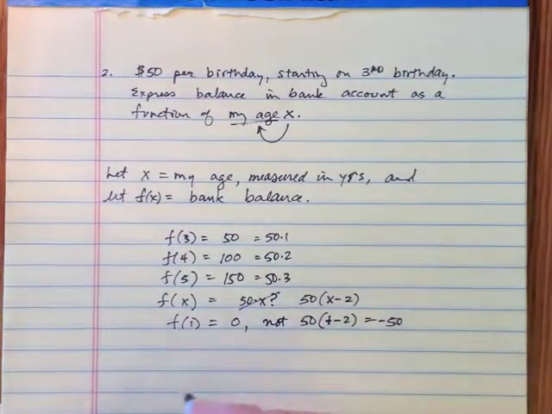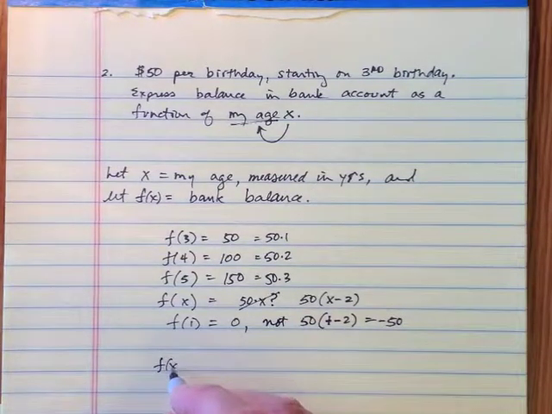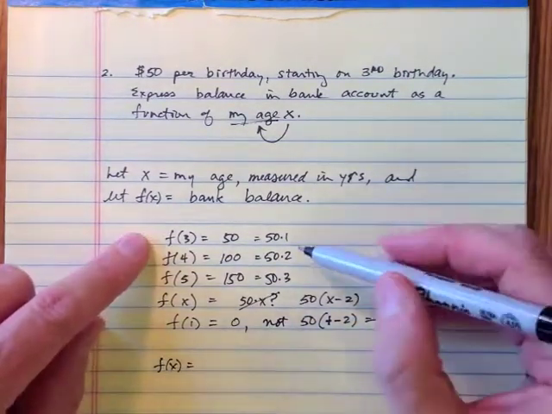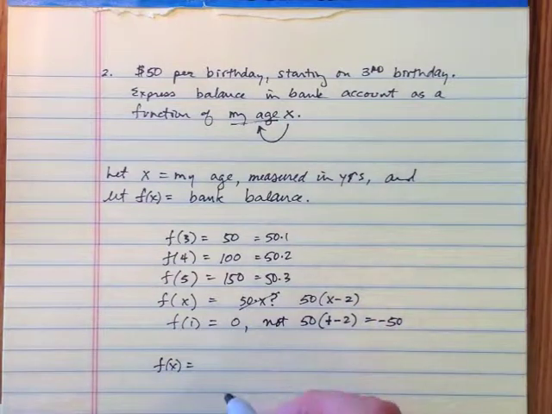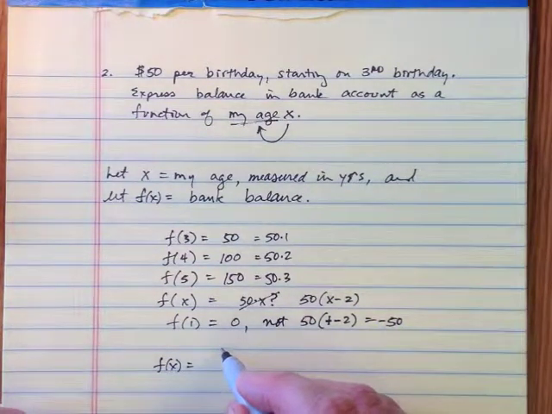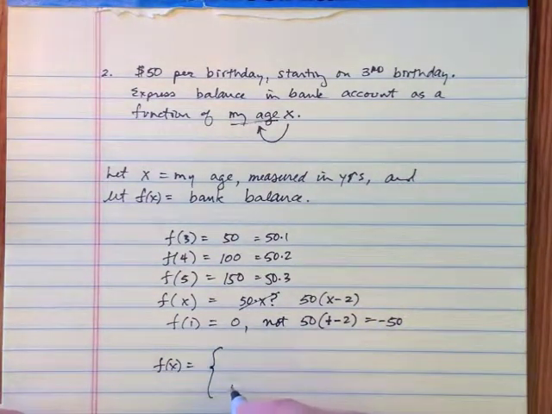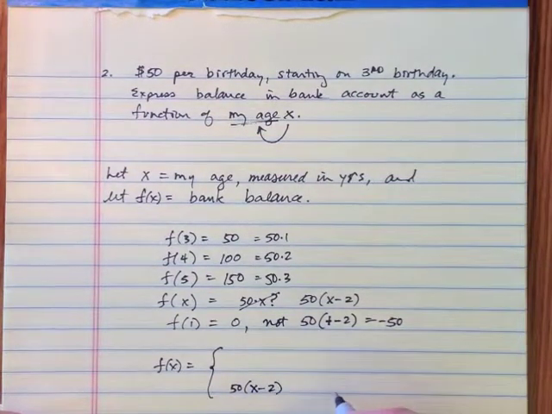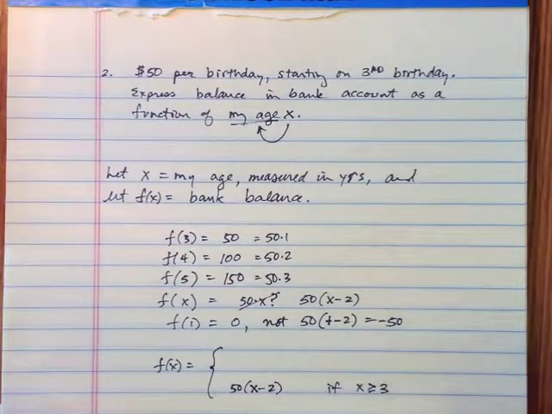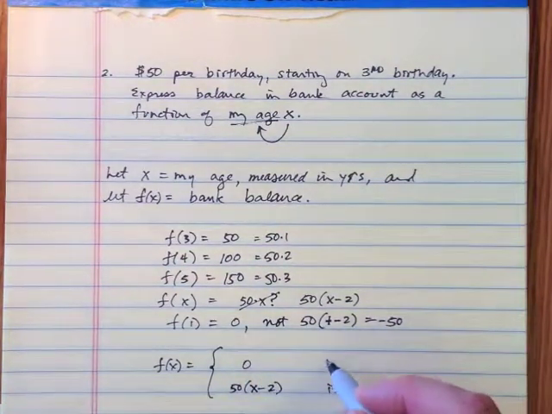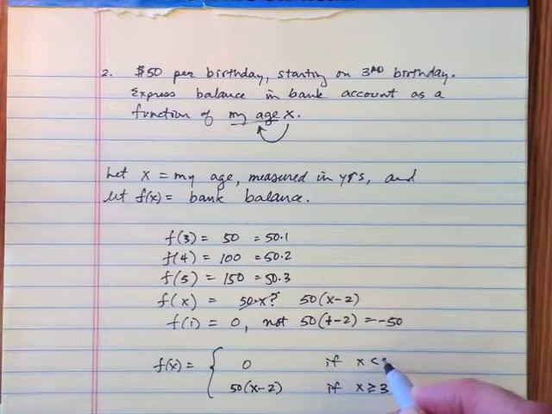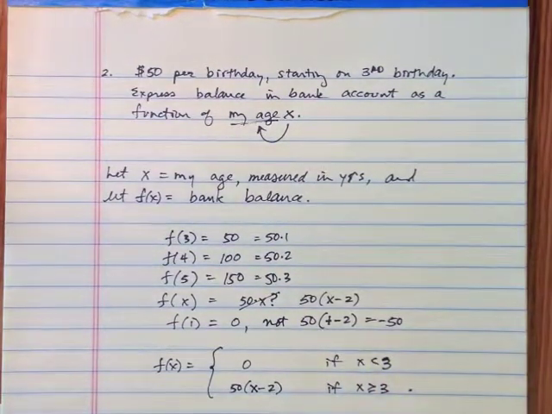This is tricky. It's a piecewise function. See, f of x is a linear function once x is bigger than or equal to 3. It's 50 times x minus 2 if x is bigger than or equal to 3. But it's 0 if x is less than 3. Good one.